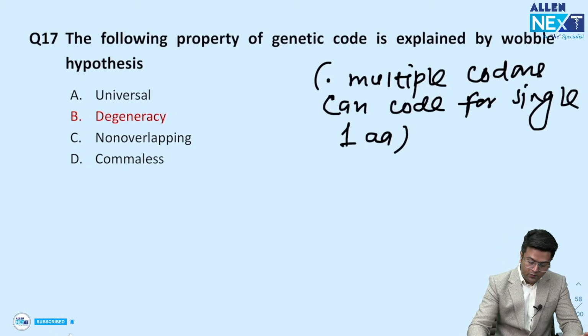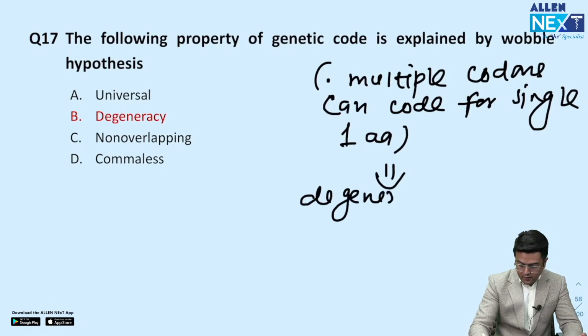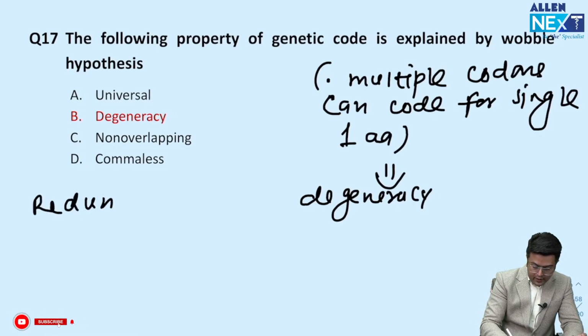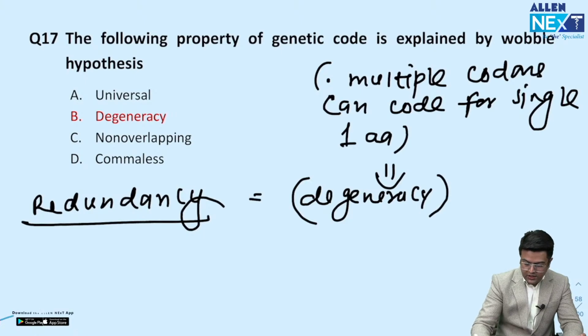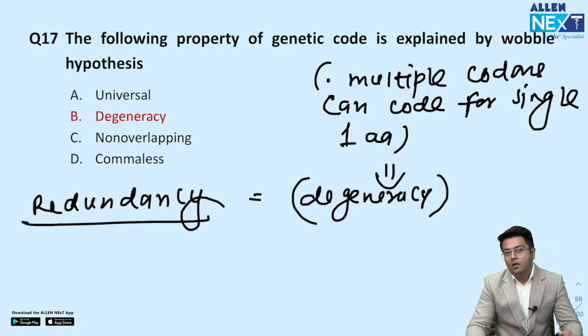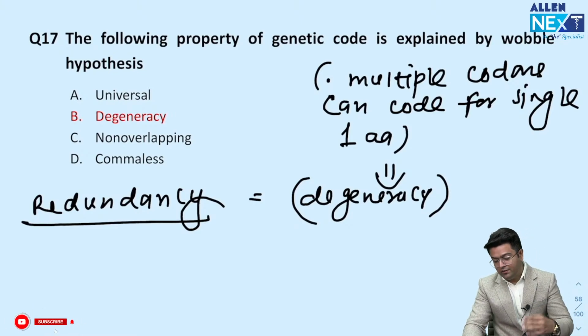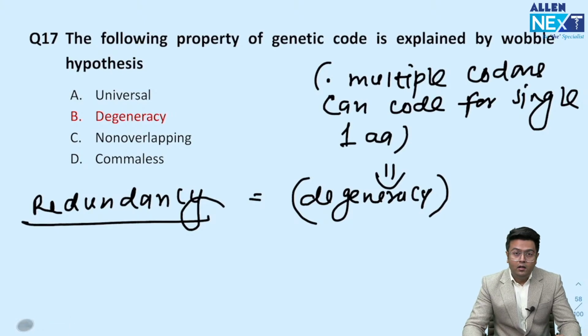So what do you call this process? This is called degeneracy, or it is also called redundancy, right? Degeneracy means what? Just to say one sentence you have multiple languages, right? Just to say I love you, you have 300 languages in India.